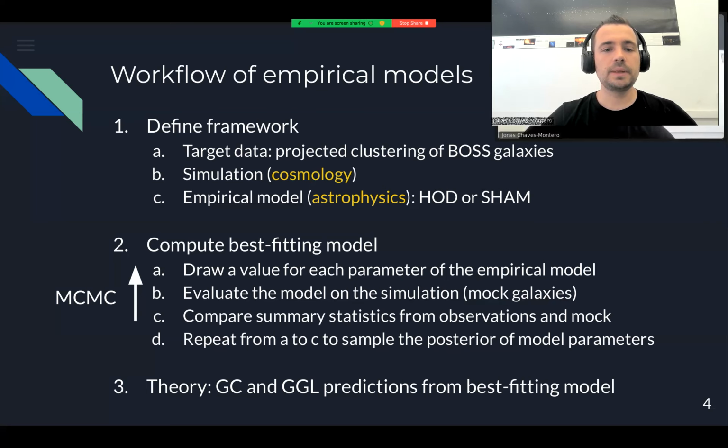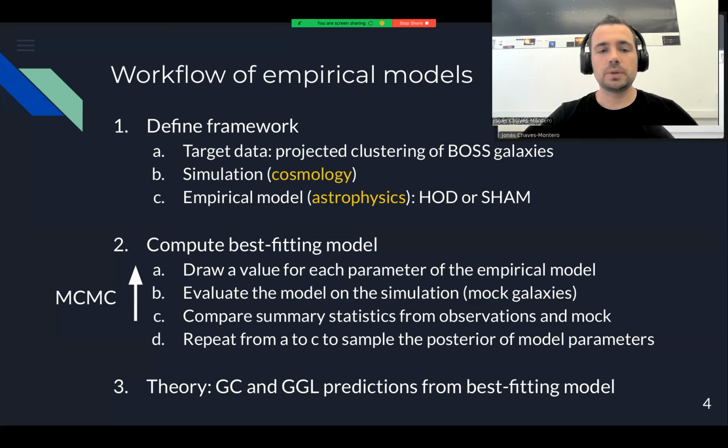The next step is to optimize the model to reproduce the target data. To do so, the first thing that you do is to select a particular value for all the parameters of the model, evaluate the model in the simulation, creating a mock galaxy sample. Then you measure the target summary statistic from this galaxy sample, and you compare it with observations, and in that way, you put a point in the posterior parameter space.